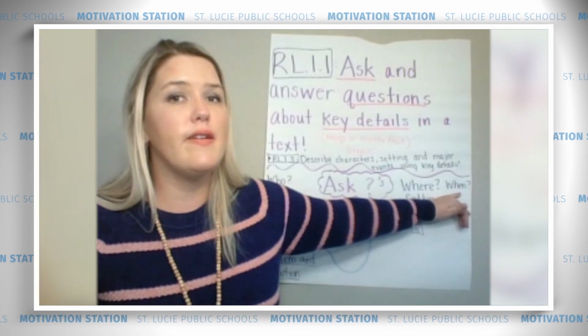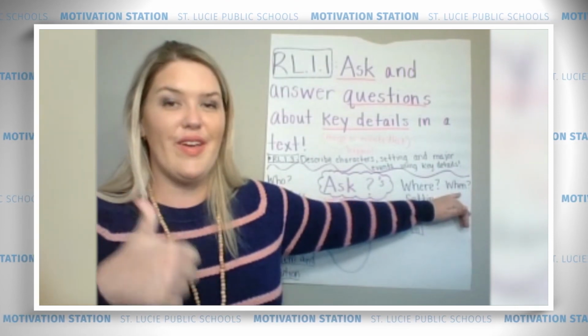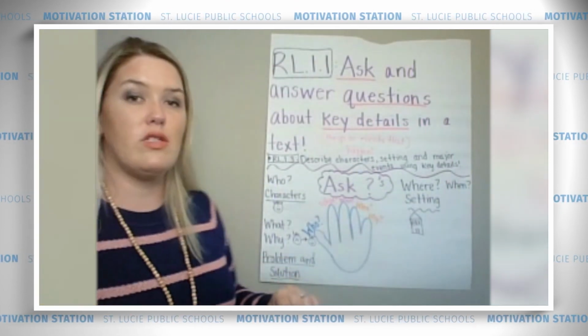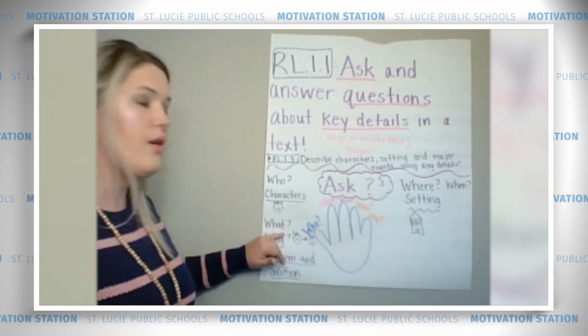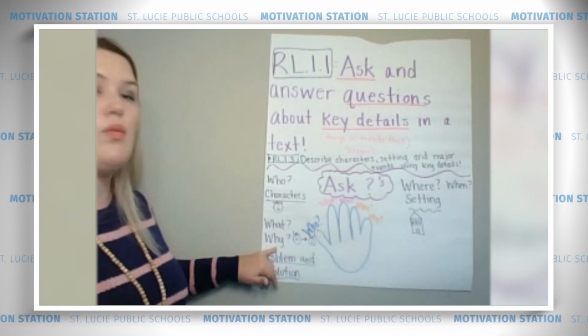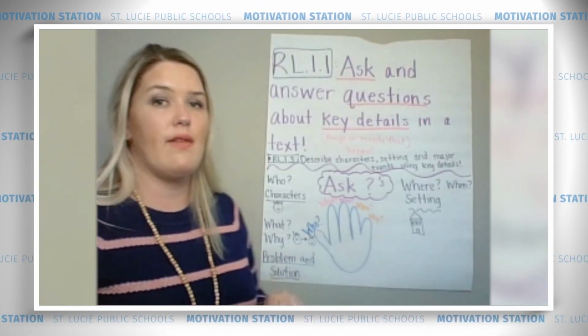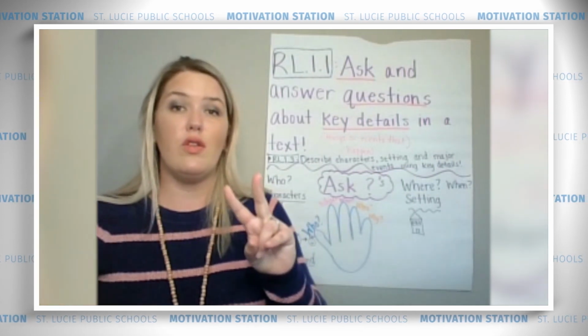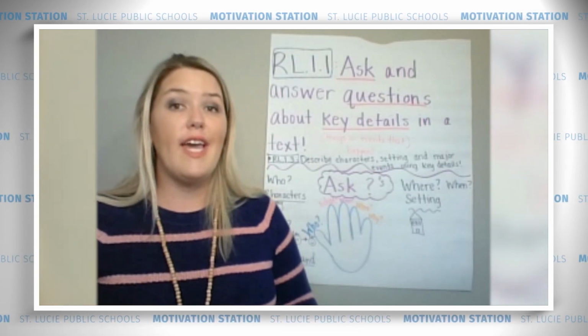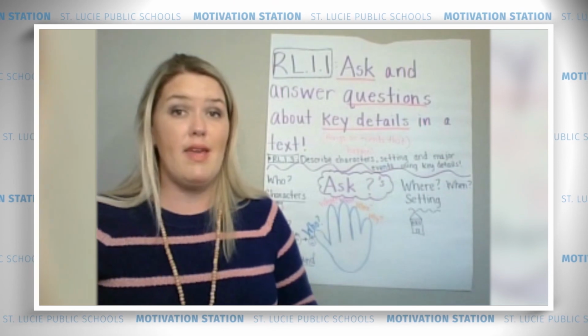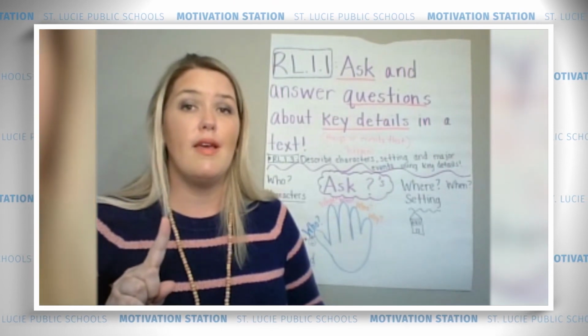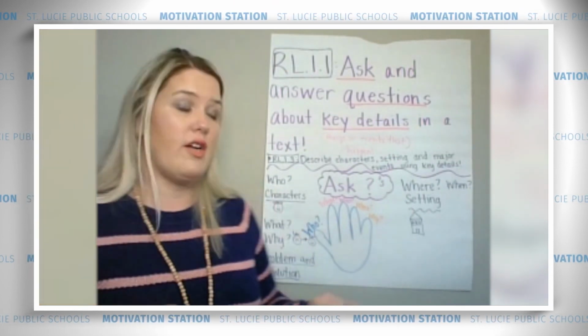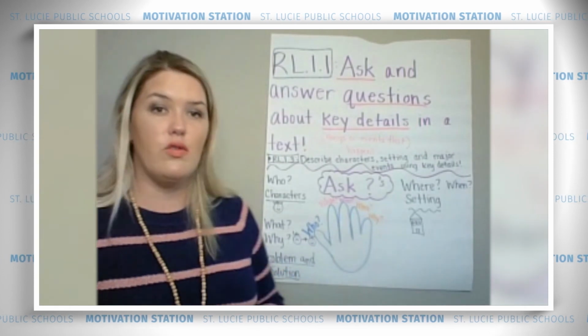Okie dokie, artichoke. Good. All right, the next questions we're going to ask ourselves are what and why. Those questions have to do with our problem and solution. And remember, the main character in our story has a problem and another character helps them solve it, a solution.